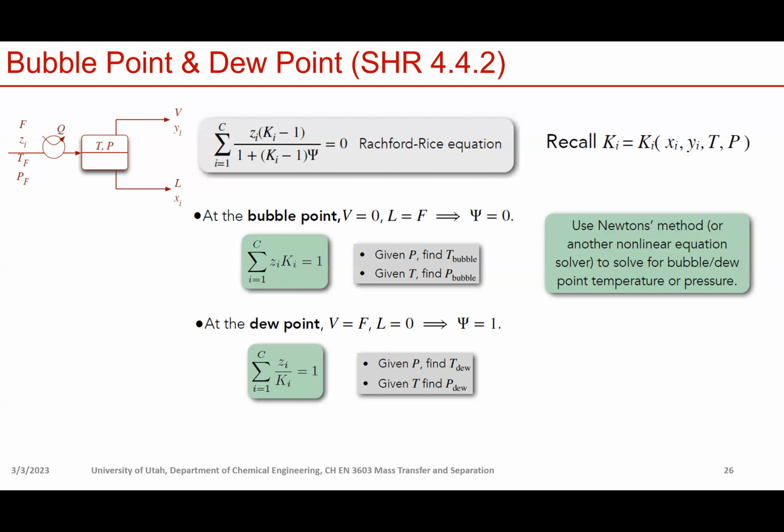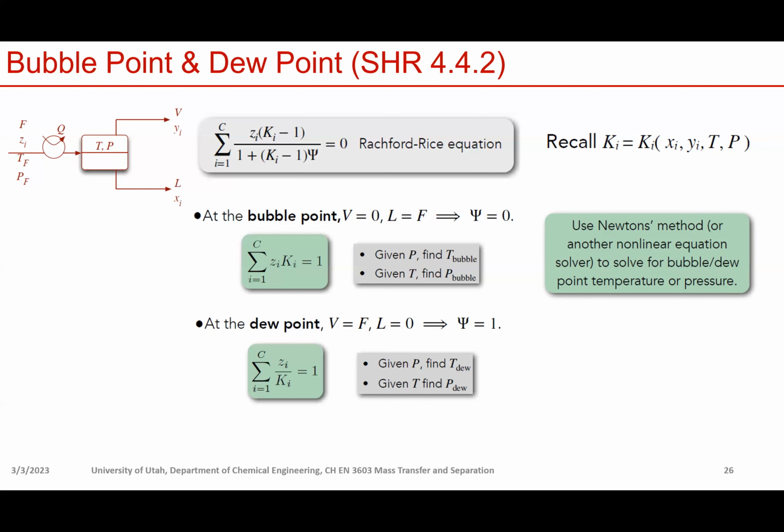To find the bubble point and dew point, what you can do is iterations. If we have a given pressure and need to find the bubble point, we just need to find a K value that satisfies this equation.